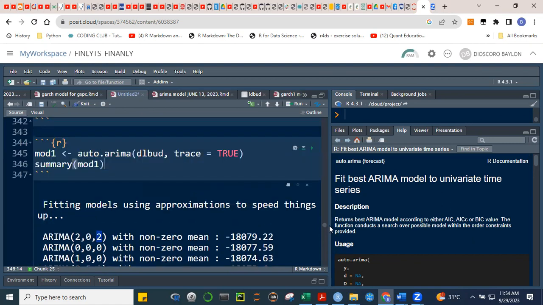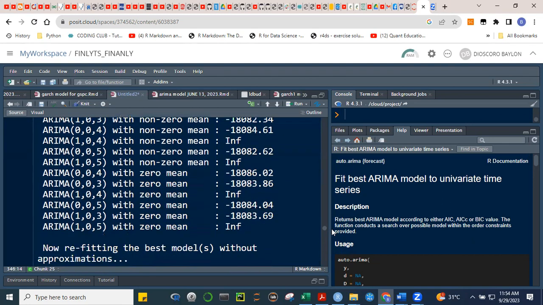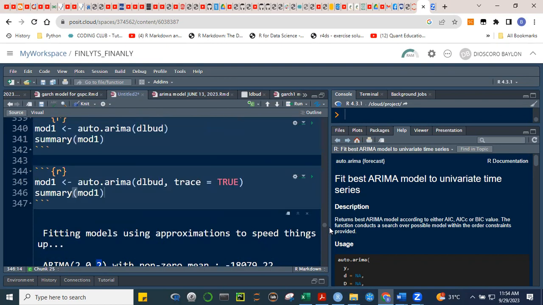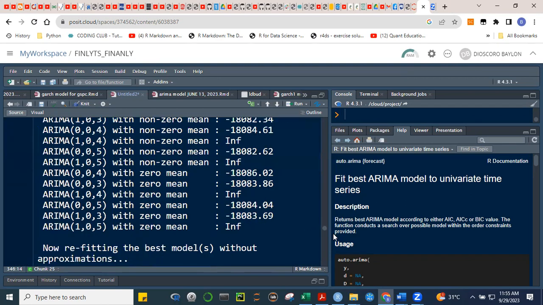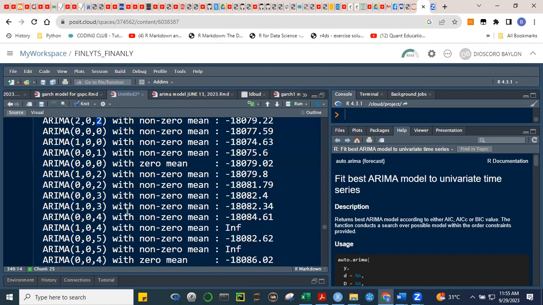So it gives us a grocery list of the different models. It also tries with zero mean. With zero mean means there is no intercept. With non-zero mean means there is an intercept.